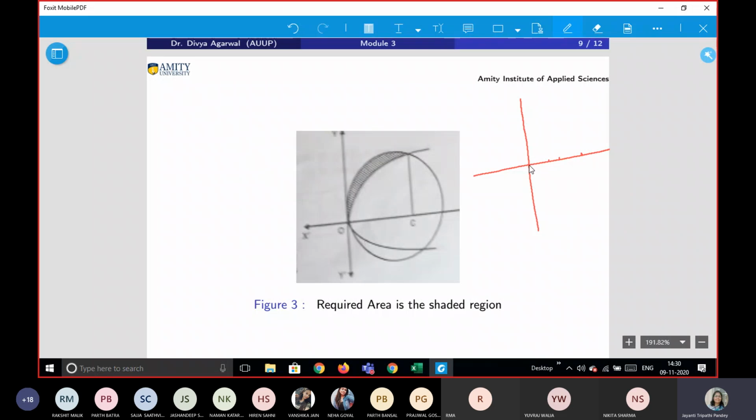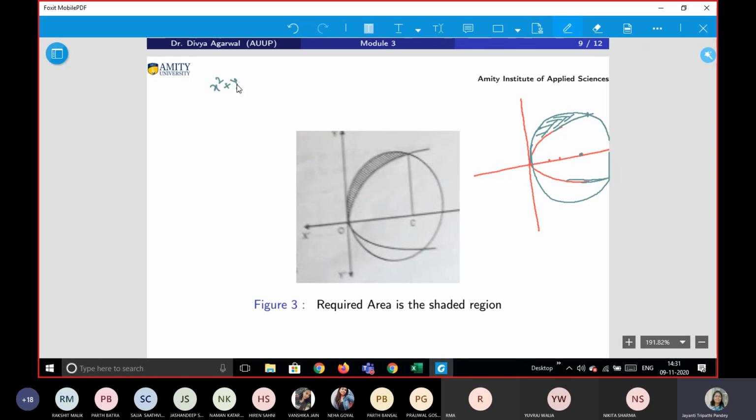So the parabola that you will get is something like this. And the circle that you will get is taking this as the center. You can extend it this side, but the question says above the x-axis. That means only this.